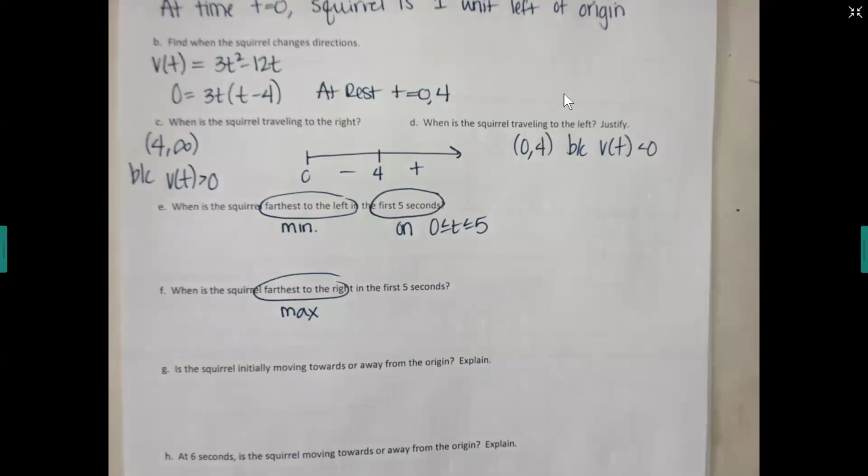Because if your velocity is less than 0, then, if you're on a horizontal number line, that would be versus if you were on a vertical number line. So for this class, you'll come in this way. So basically, just talk about the sign of velocity.